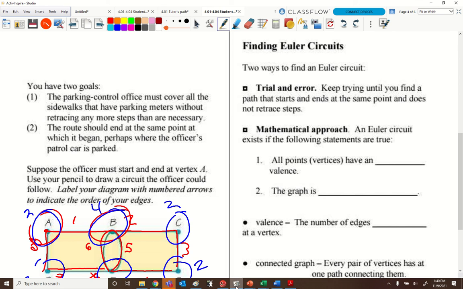Alright, so let's continue and fill these in now. It says all points, vertices, have an even valence. And valence refers to all the edges going to it. So when you see the word valence, that means all the edges together, the number of edges meeting at a vertex.